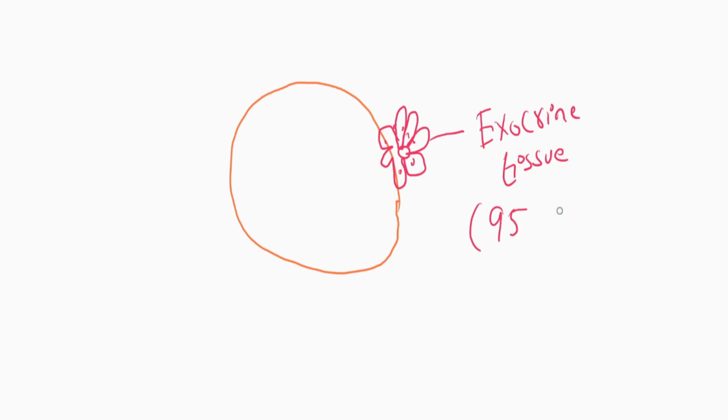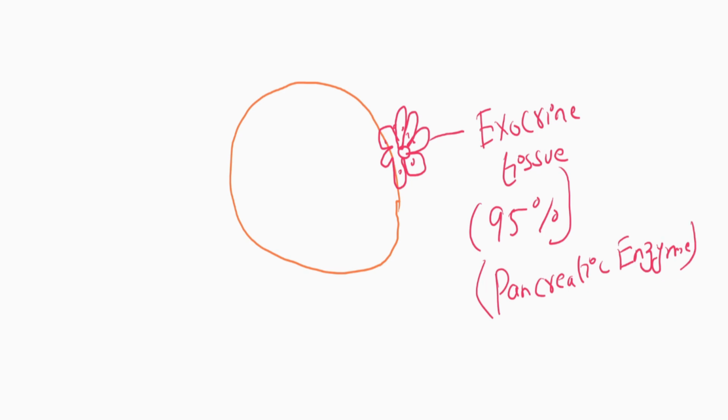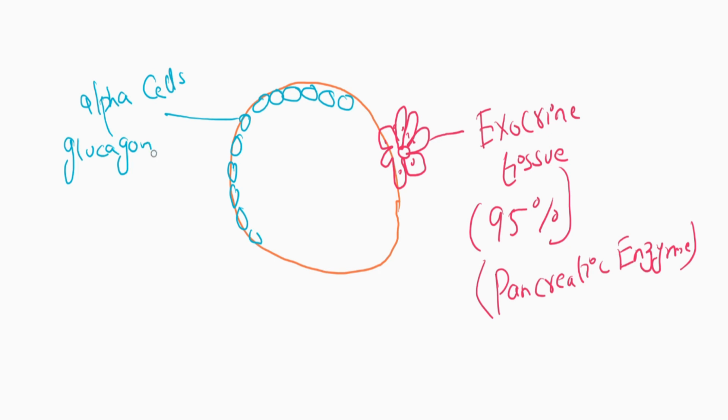95% of the pancreas contains exocrine tissue, which have the volume of 95%, and they produce pancreatic enzymes which help in the digestion of food, while the rest part is composed of endocrine cells. These are the alpha cells which release glucagon, and these are the beta cells of the endocrine system.